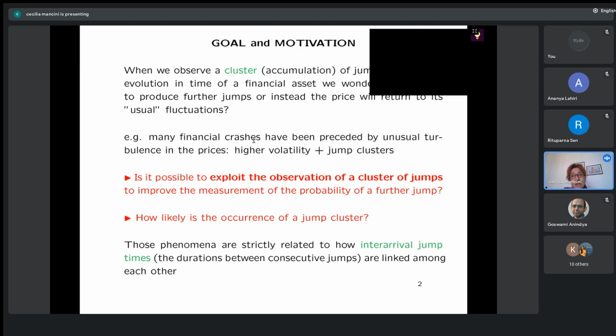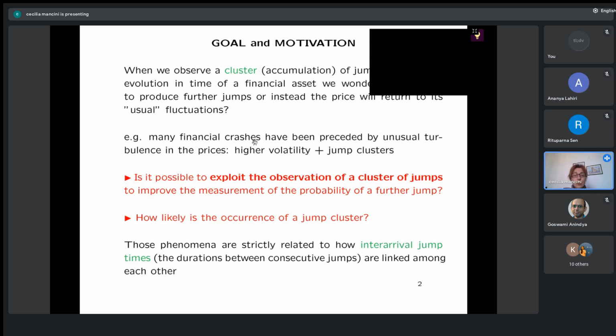In particular, many financial crises, like for instance the Lehman Brothers default in 2008, have been preceded by unusual turbulence in prices. So not only an increase in volatility, but also the presence of jump clusters.